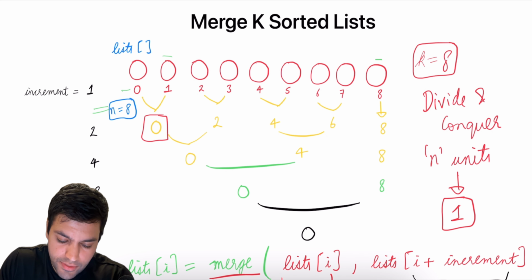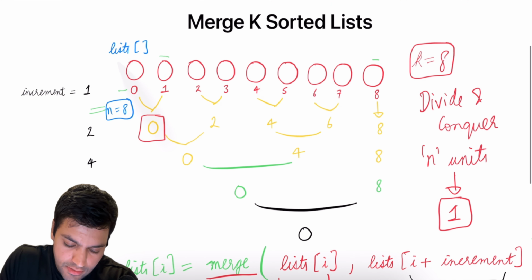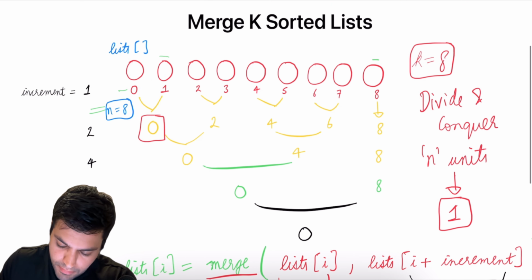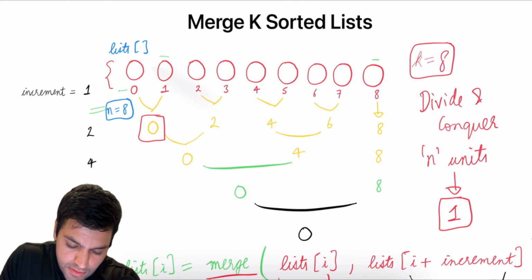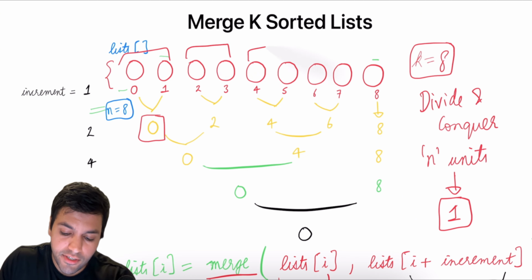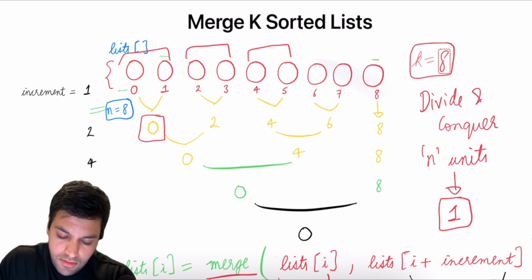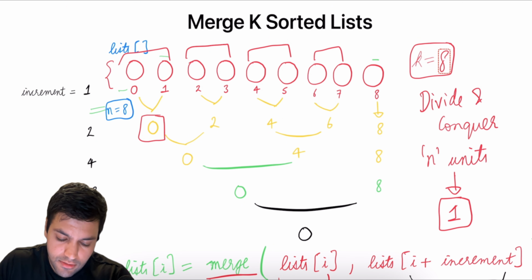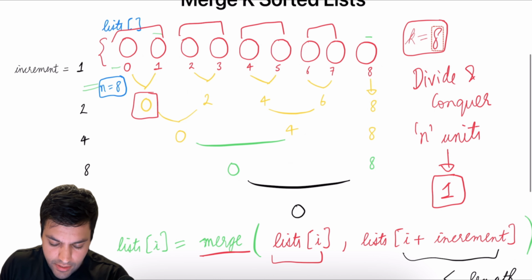As you can see, the difference between these two linked lists is currently 1, and the second pair is also 1, and for the third pair the difference is 1. As I merge these pairs, I am going to set the final result into lists at index i.